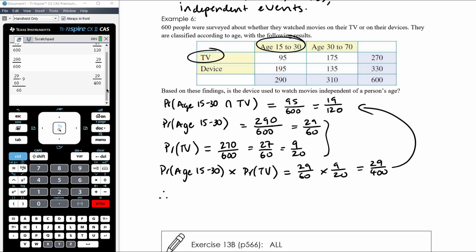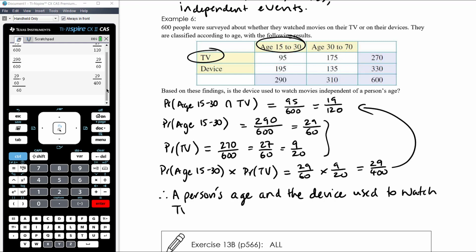So a person's age and the device used to watch TV are dependent variables. There is a sense that a younger person would be more likely to watch on a device rather than on a TV. A person's age and the device used to watch TV are dependent variables, or dependent events, or whatever you want to call it.